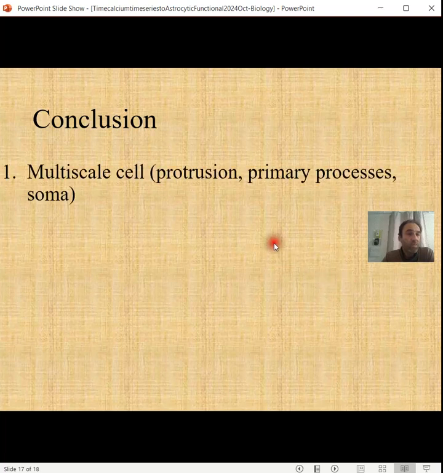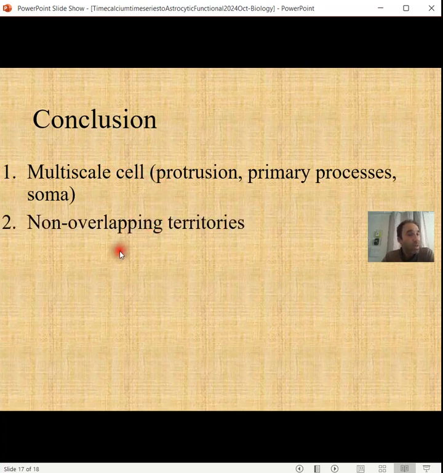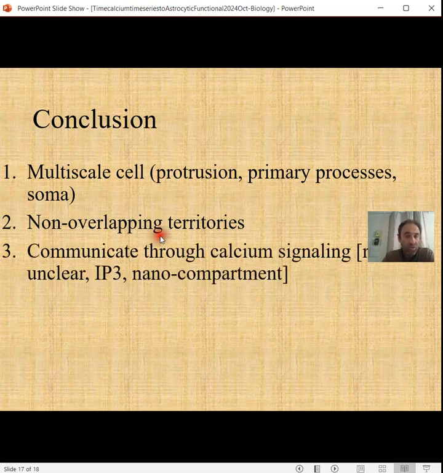So in conclusion, there is a multi-scale organization: protrusions, primary processes, and soma. Astrocytes have non-overlapping territories, yet they could invade with very small protrusions or connect one astrocyte to the next one.